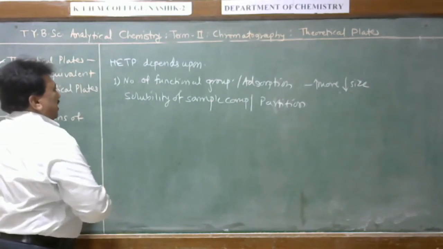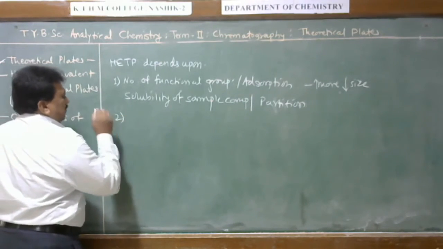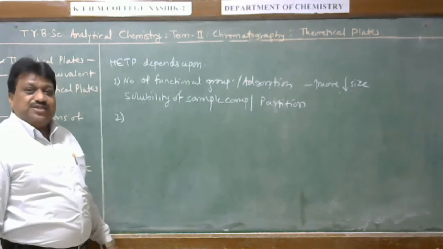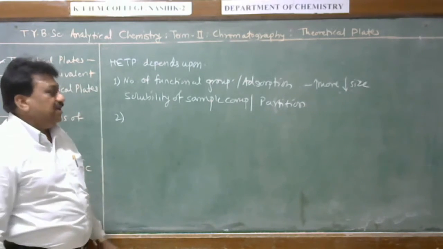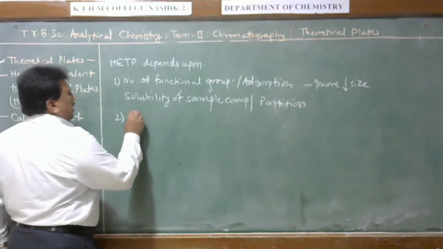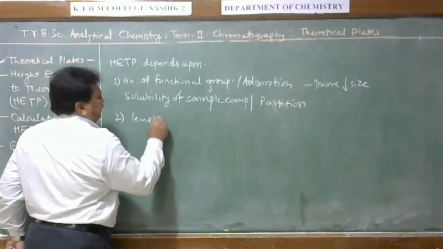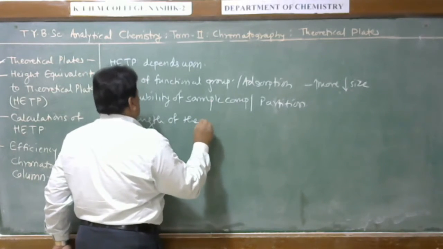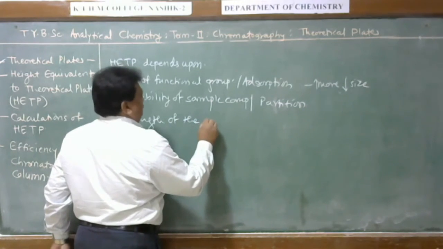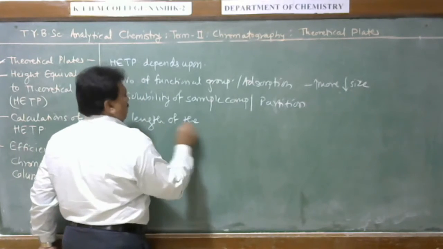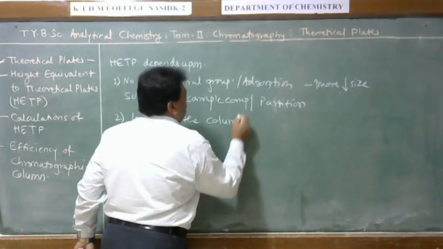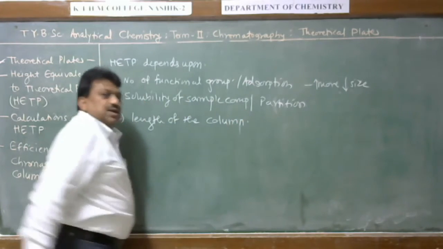Therefore, the height of a single theoretical plate depends upon the number of functional groups and solubility of the sample component, but the length of the column also governs the number of theoretical plates.